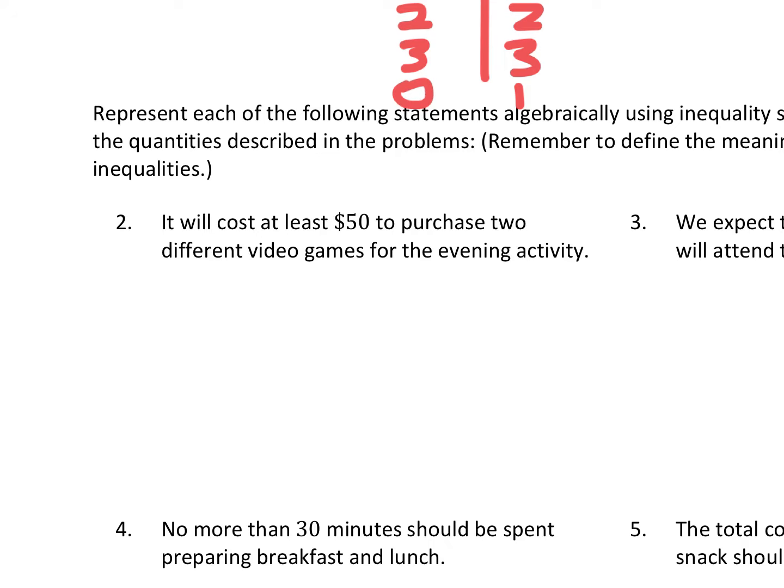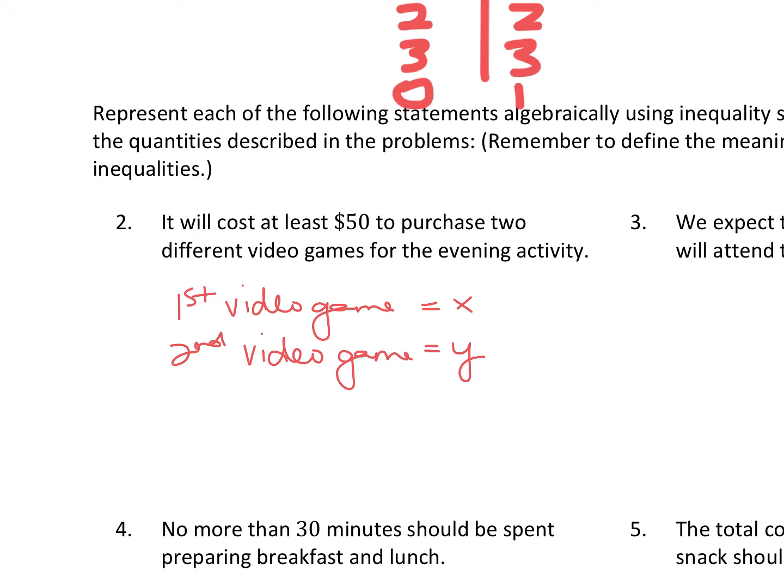So that's 2 different variables. So I have my first video game, and I'm just going to call that X. And second video game, and let's just call that Y. And it says that has to be at least $50. So greater than or equal to 50 has to be my first and second video games. Okay, so this is what we end up with.